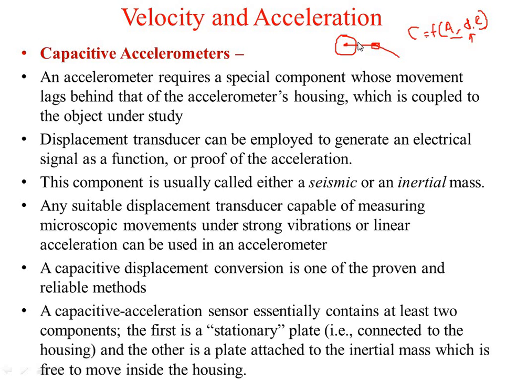So a capacitive acceleration sensor essentially contains two components. The first one is the stationary plate and the second one is the moving plate, and that moving plate is connected to the housing. So the moving plate is connected to this one, and the second is connected to the fixed one, that is called a stationary plate.